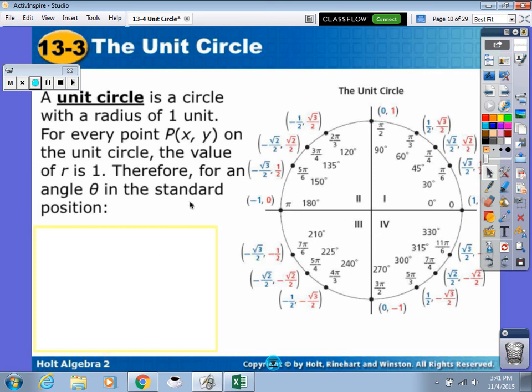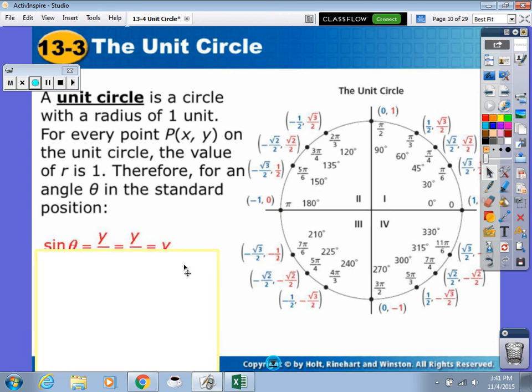This is our unit circle. It's based on a circle with a radius of 1 unit, or we call that the unit circle, so the radius is equal to 1. For every single point where the point is a coordinate x and y on this unit circle, we can figure out our angles, and if our angles are in standard position, each of the values that we've talked about previously.